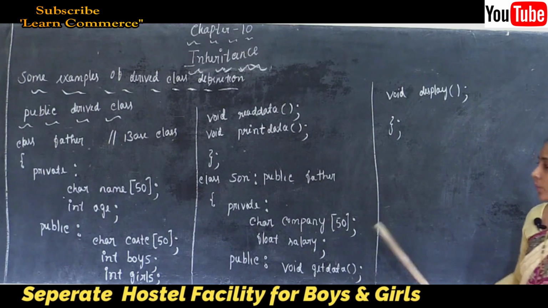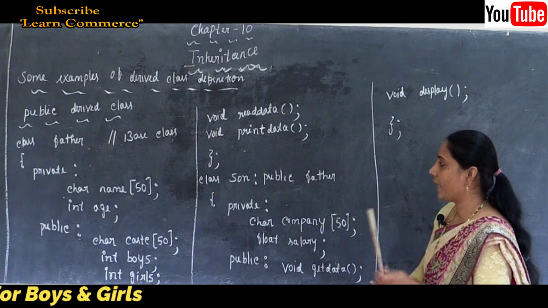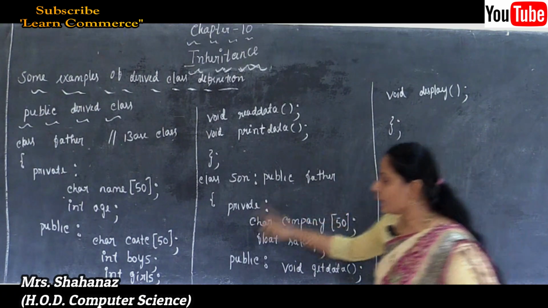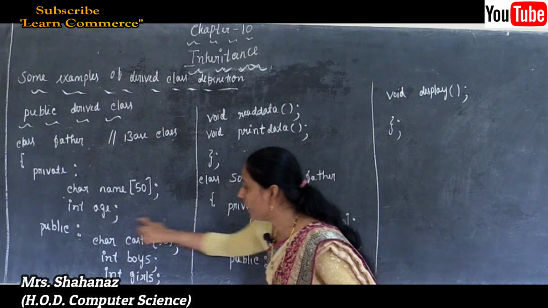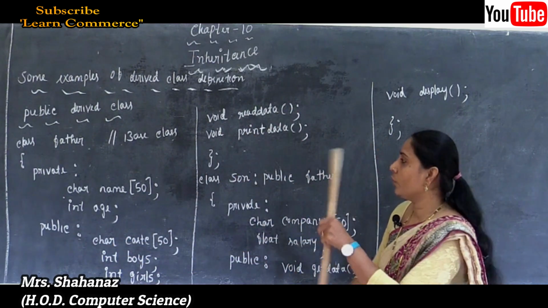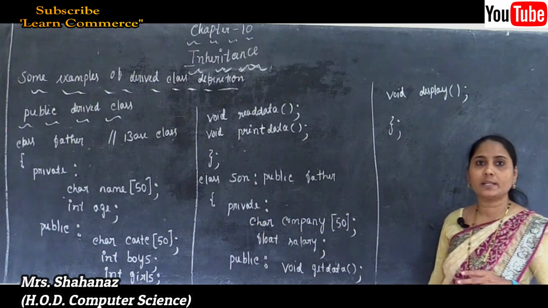Clear this point? Why? Because you should remember it. In this syntax I used the visibility mode public, which means it is going to give access to just the public data only to the derived class. No member data is going to be accessed by our new class, the derived class.